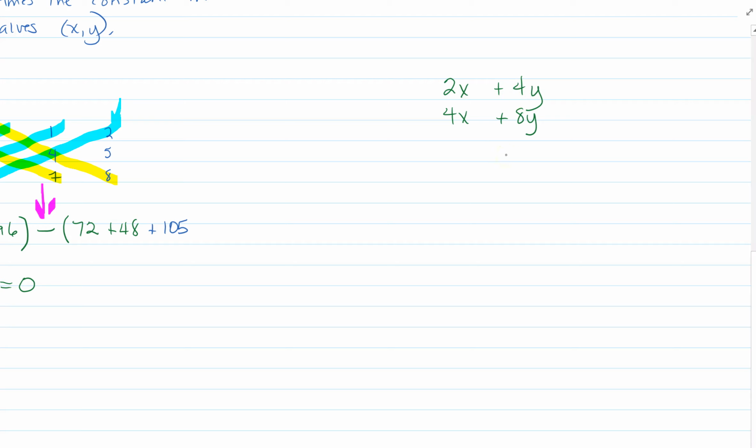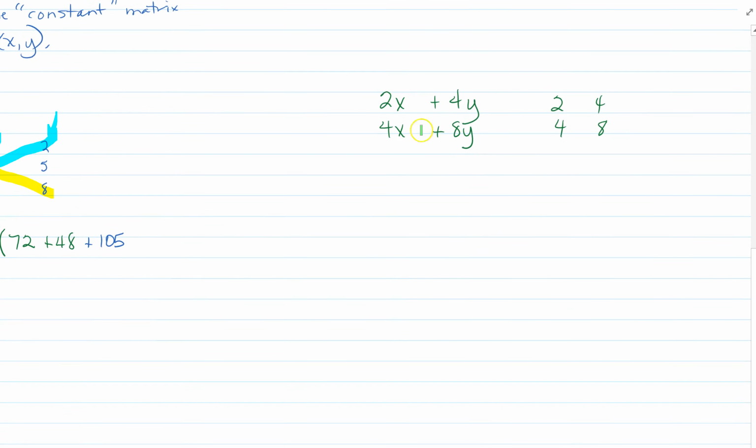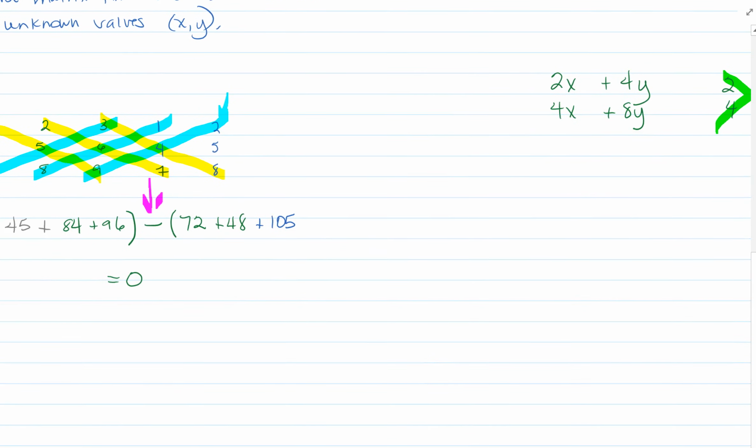Isn't that the same line, if they're equal to whatever constant, as 4x plus 8y? Aren't those similar, right? 2, 4, 4, 8. I should have given a constant, but still, I just want to stick with the square matrix. Look, 2 times 8 is 16, minus 16 is 0. When you get 0, you just have equivalent equations.